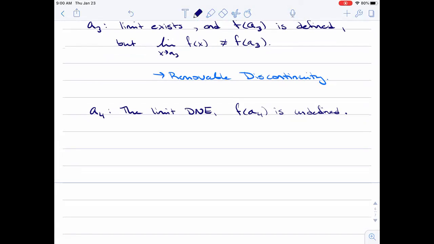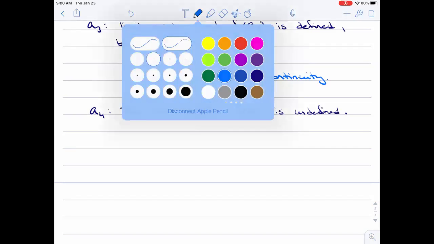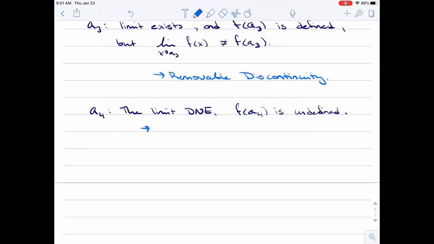So of course that limit, because it doesn't exist, right? I'm not going to say the limit does not equal f of A4 because it doesn't equal anything. We usually specify that this is an infinite discontinuity.